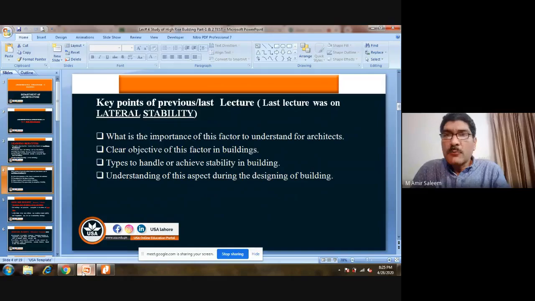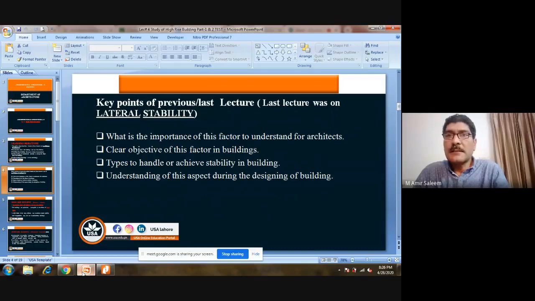Lateral movement is directly related to dynamic loads. The to-and-fro movement causes damage and creates a problem for the structure.